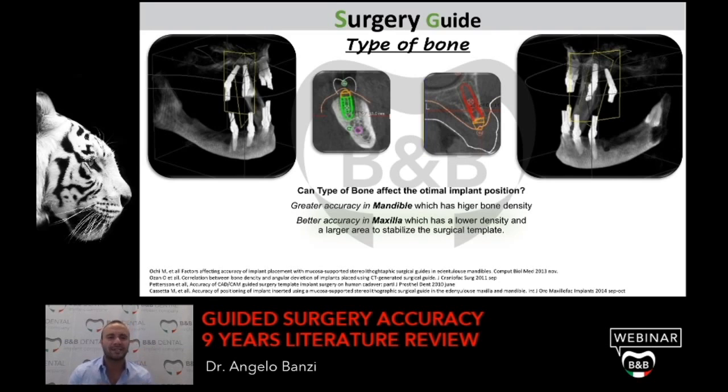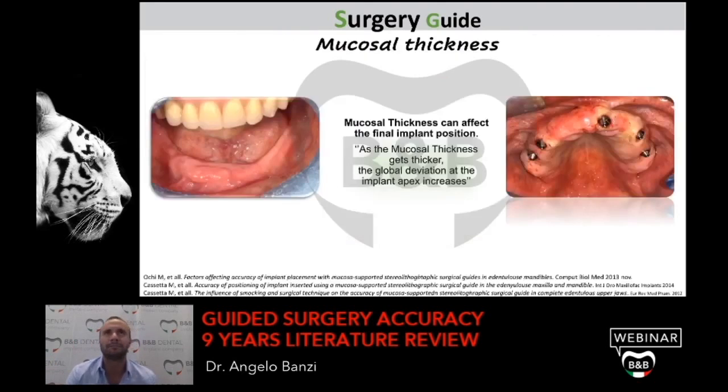Also, the maxilla has anatomical areas that I can check for the stabilization of the surgical template and radiological template, like the frenulum or the tuberosity of the maxilla. These are really important checkpoints. What about the mucosal thickness?